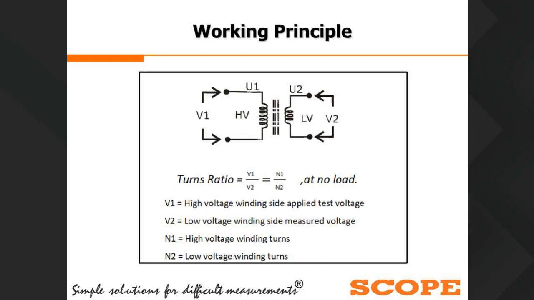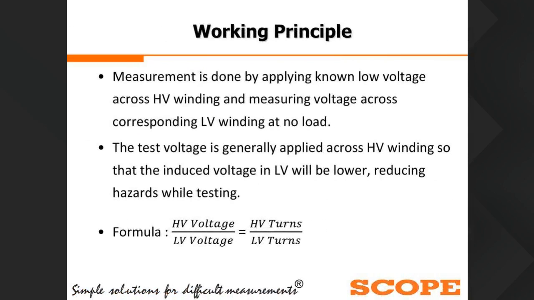Then with the help of V1 by V2, that is HV voltage divided by LV voltage, we can find out the voltage ratio, which is equal to the turns ratio, that is HV turns divided by LV turns. So the formula is simple: HV voltage divided by LV voltage equals HV turns divided by LV turns. This is the basic principle and basic formula that we have to use.